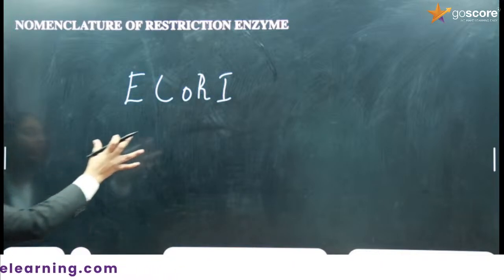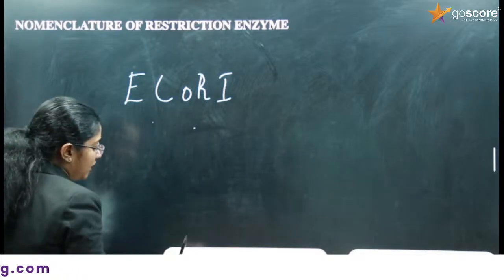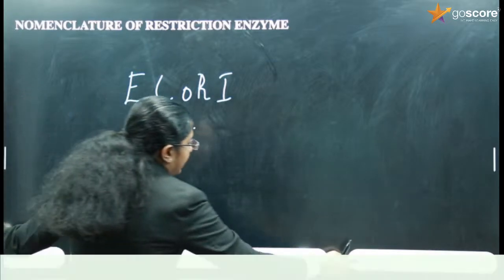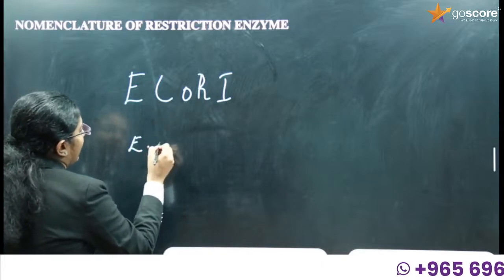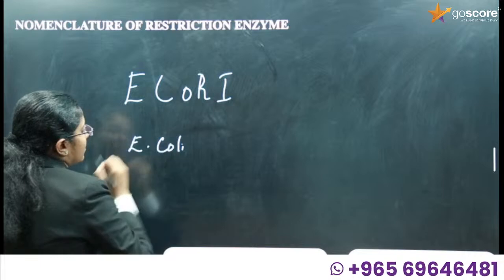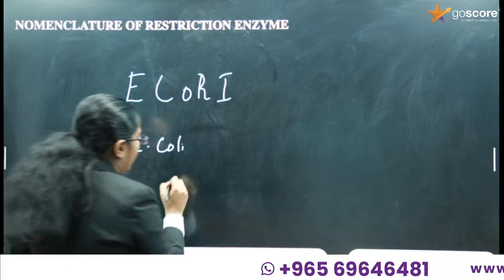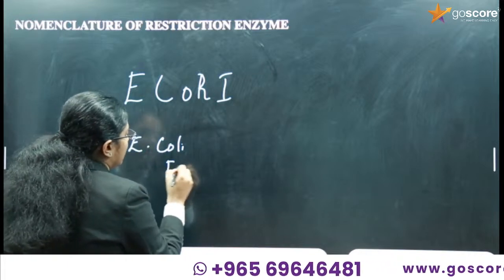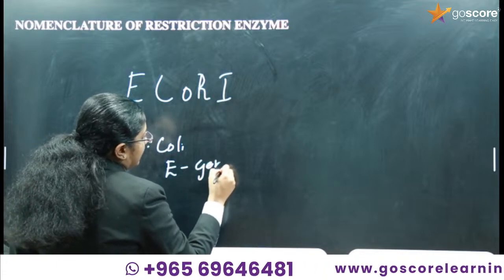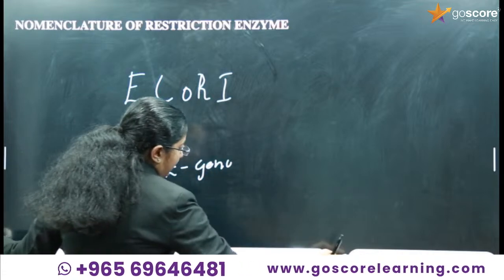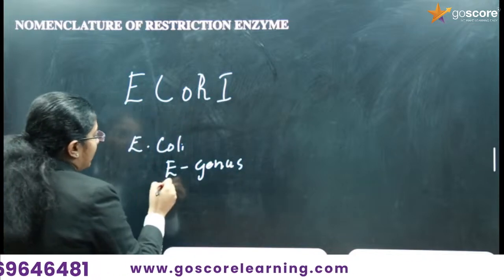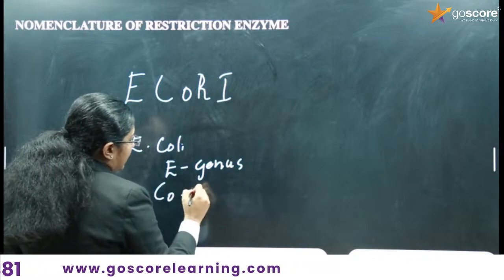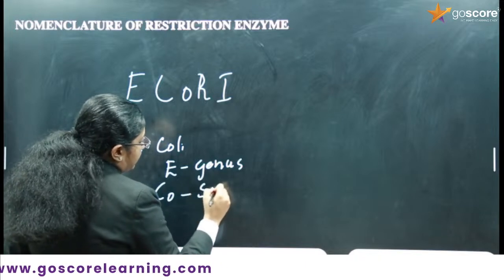This particular restriction enzyme is actually taken from the bacterium Escherichia coli. So, what does the E represent? E represents the genus name. Co represents the species name.